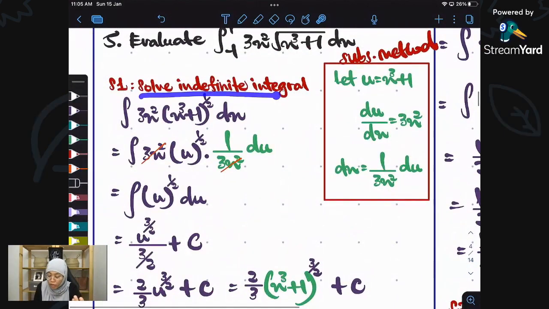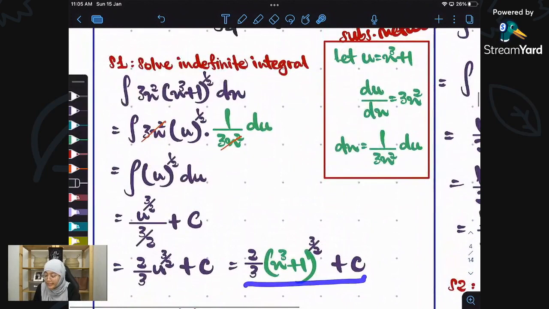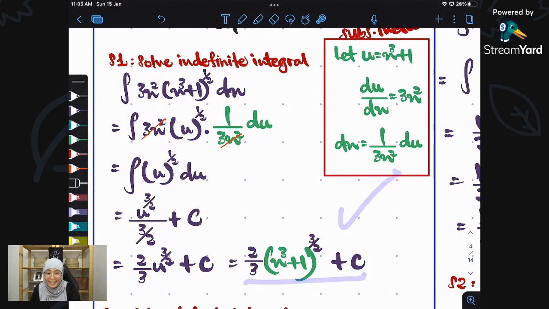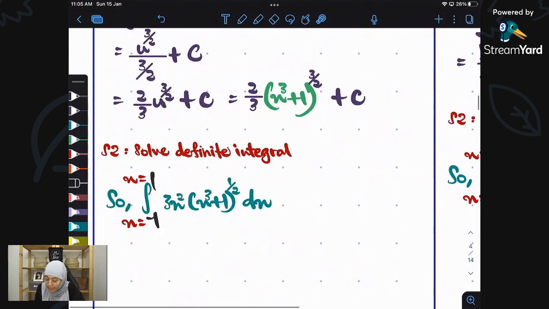You sekarang sudah pun pandai menyelesaikan indefinite integral. Therefore, you have no problem finding this answer by using the substitution method. You are very pro already, okay? So now my job is only to teach you the second step, which is to solve the definite integral.